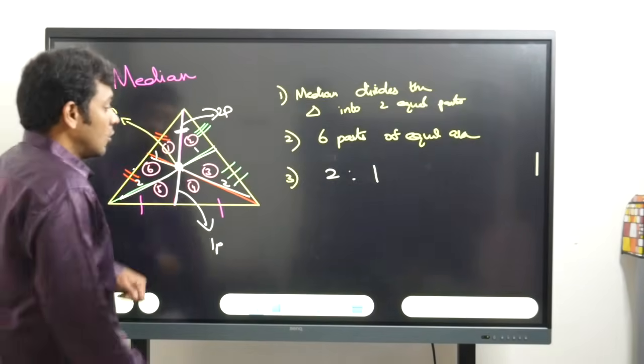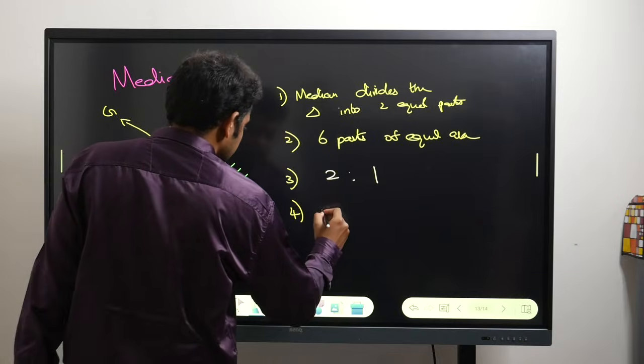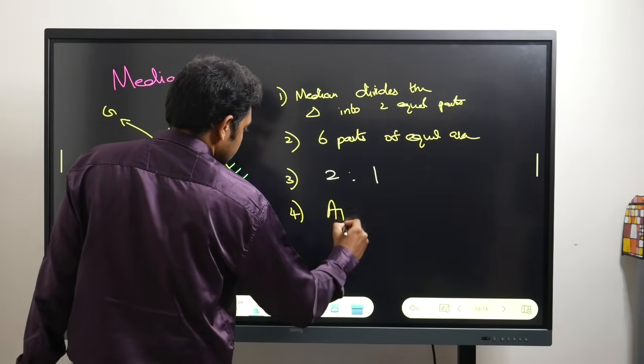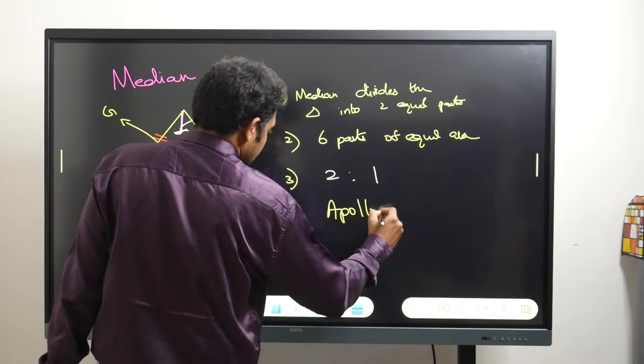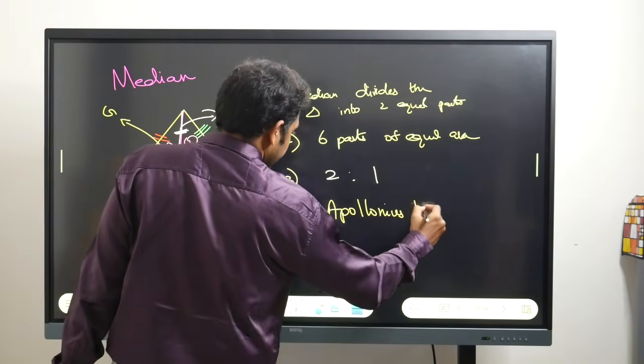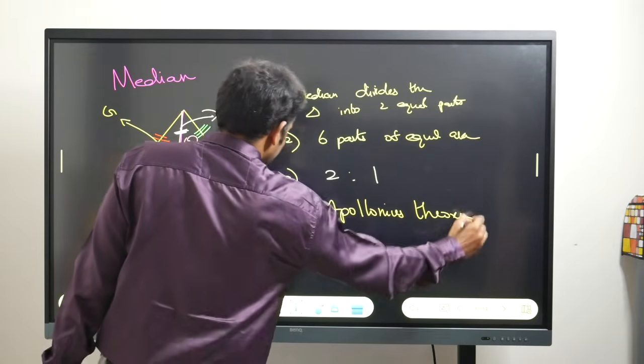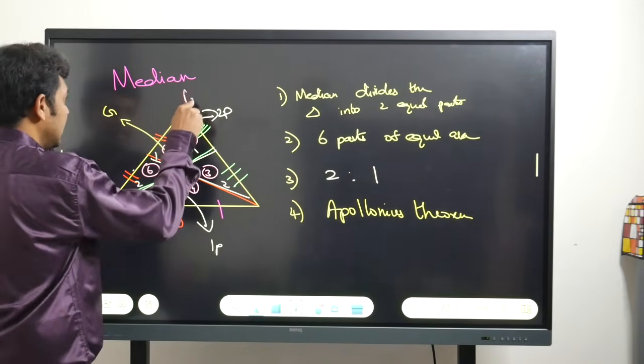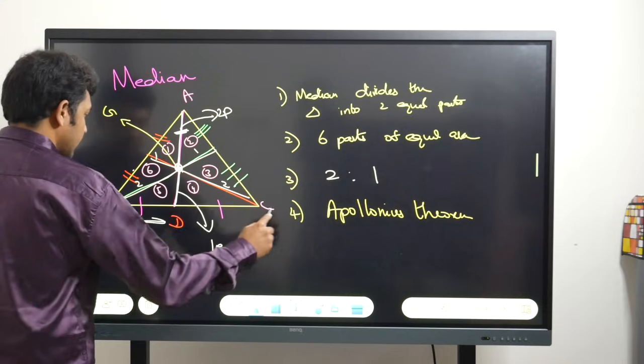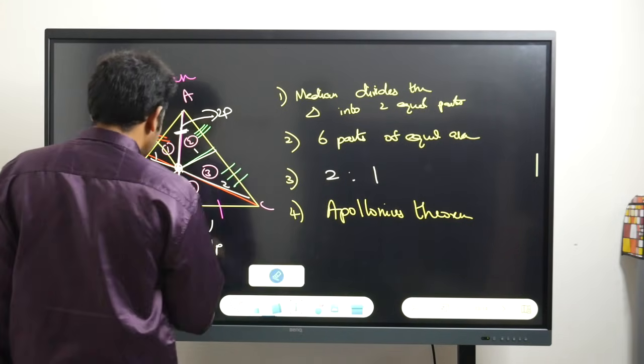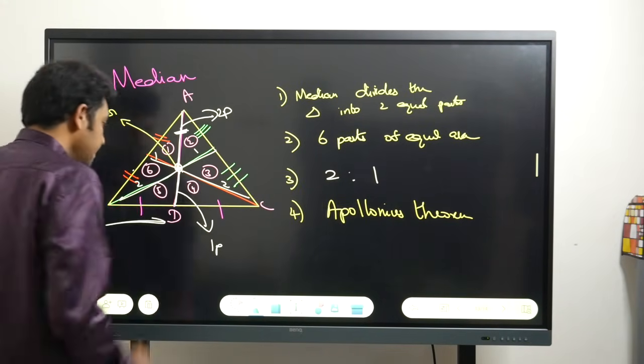Now the fourth point, Apollonius Theorem. What is this theorem? Let me take triangle ABC, and say AD is the median.